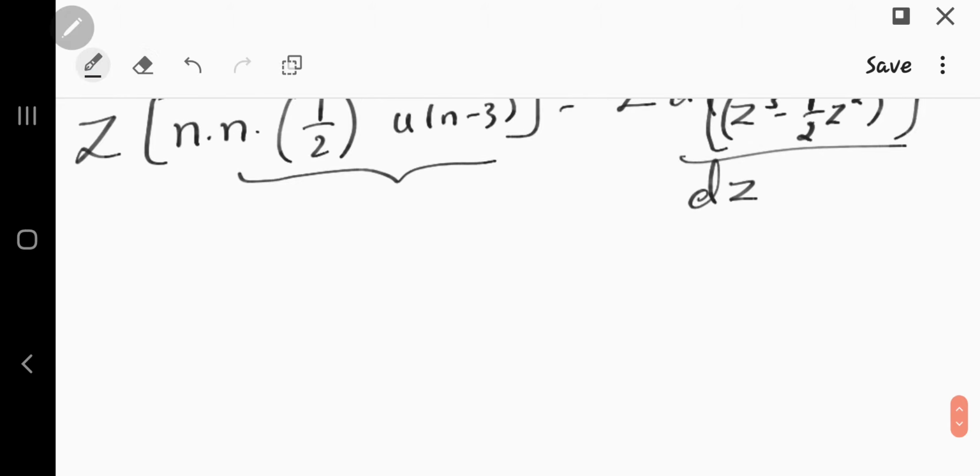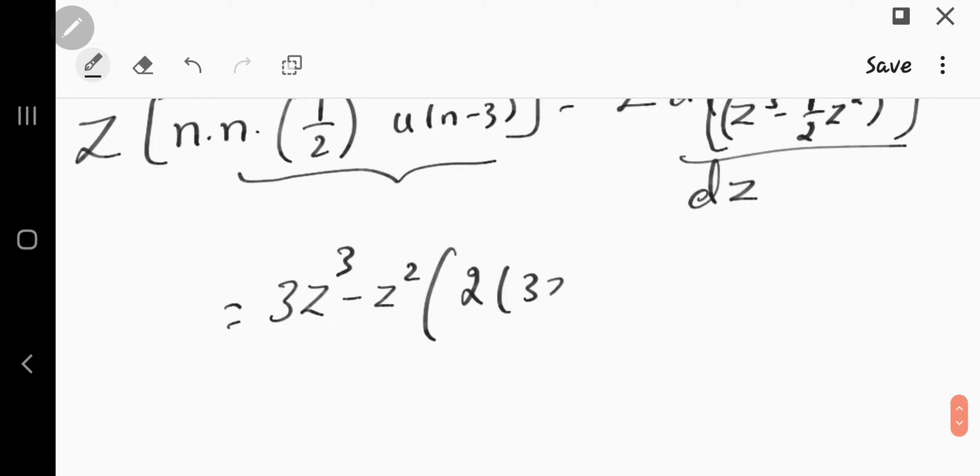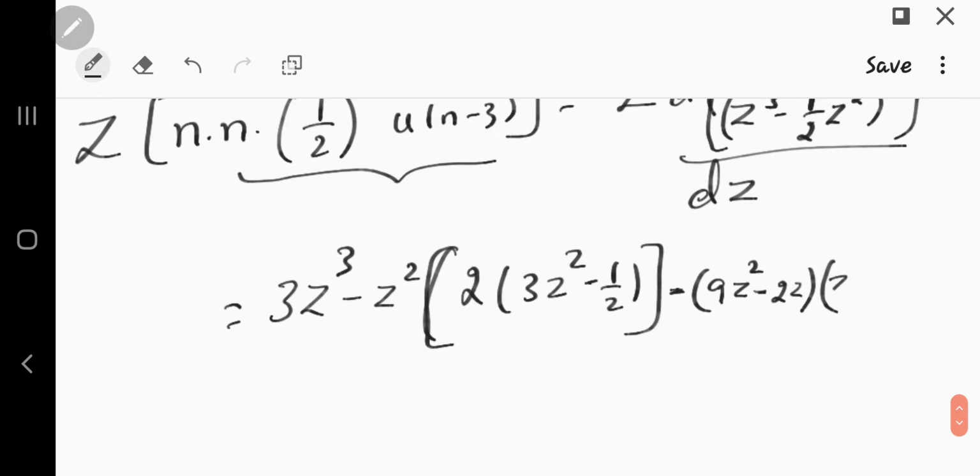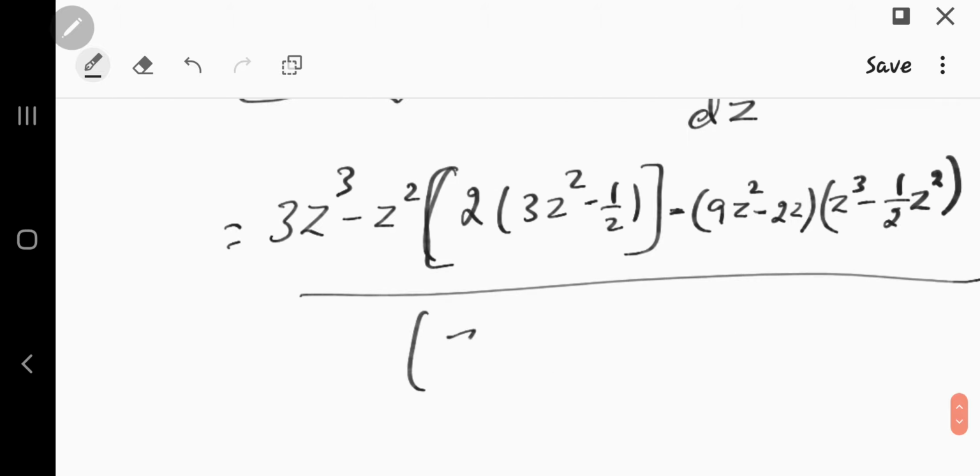Let those 3z cube minus z square into 2 into 3z square minus 1 by 2, minus 9z square minus 2z into z cube minus 1 by 2 z square, divided by z cube minus 1 by 2 z square. This becomes, I think, whole cube. Z term will be cancelled.